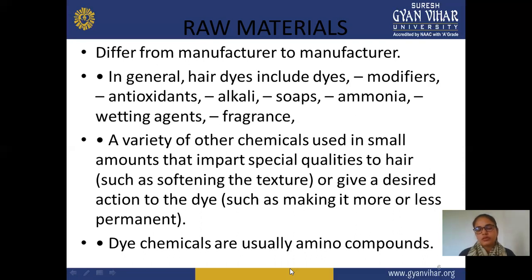Smooth and required texture of your hair is needed, so we add some other chemicals in small amounts to improve softening and texture. Next is to give a desired action to the dye, such as making it more or less permanent. According to requirement, it should show that type of effect. If you are applying for a permanent purpose, then it should be a permanent color, or if you are applying on a semi-permanent or temporary basis, then it should be according to that.